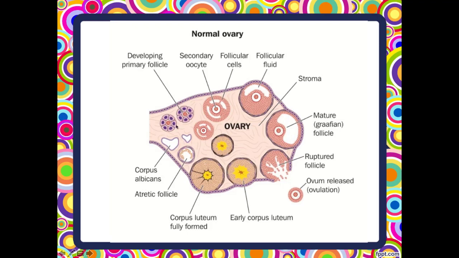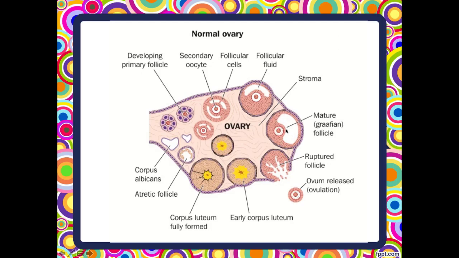So again, let's see the development of follicles, which is here: secondary, tertiary, and the secondary will then turn into the tertiary or mature Graafian follicle.